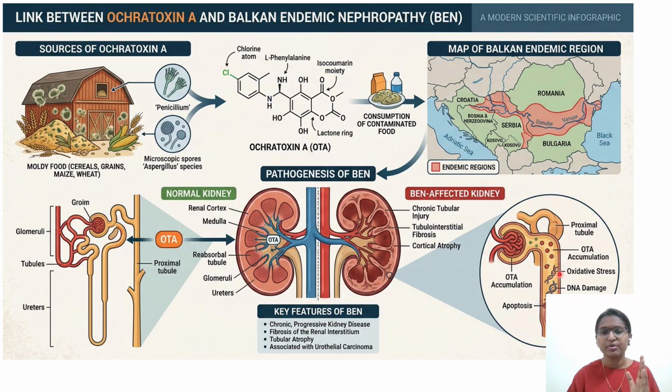Okay, you can pause the video and see the pathogenesis. This is a normal kidney, and this is a Balkan endemic nephropathy. Also try to understand why it is endemic. These kinds of things also you will get in exam. Since it is restricted to this particular geographical region across the Danube River, it's endemic.